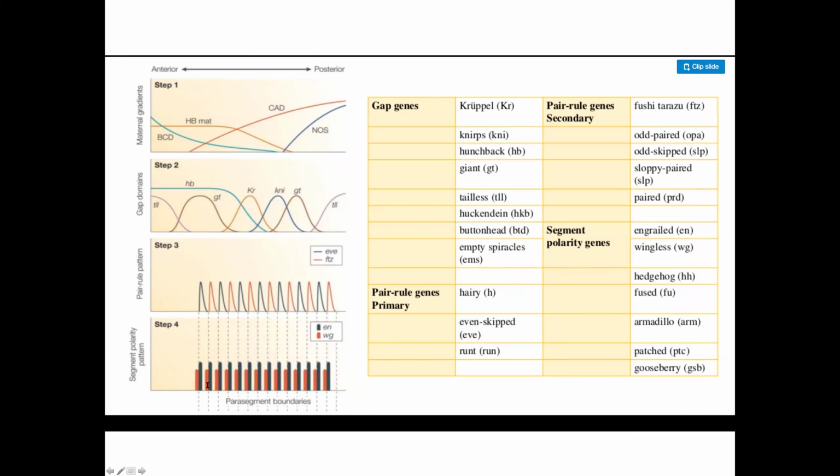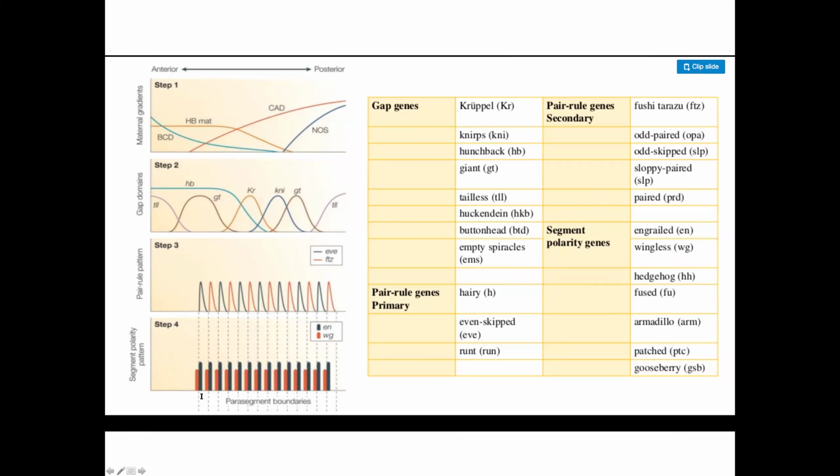All those 14 stripes that I'm talking about, they're essentially segmenting the embryo, but not in terms of the real segments. They're parasegments, because from the parasegments, the anterior and the posterior polarity that is now going to be generated is going to be defining the actual segments that the embryo is going to develop.